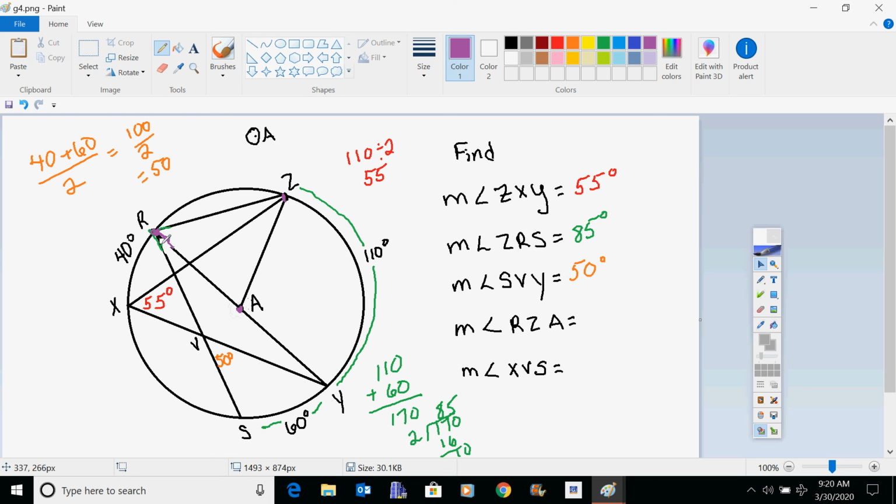So first of all, if we want this angle R right here, half of this intercepted arc would give you 55 degrees.